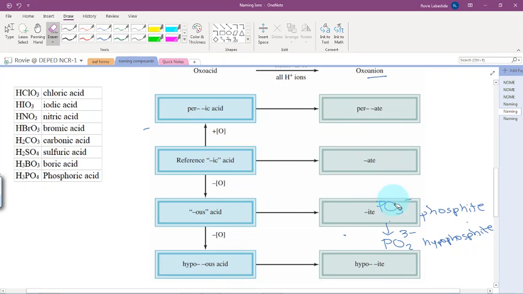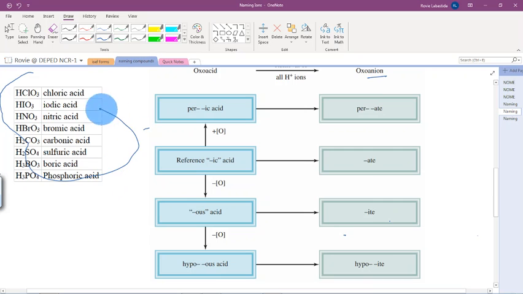So what is important here is that you know how to navigate this diagram for you to derive the polyatomic ions. So what I want you to remember is to know the ic acids or the reference ic acids. This one. Alright?